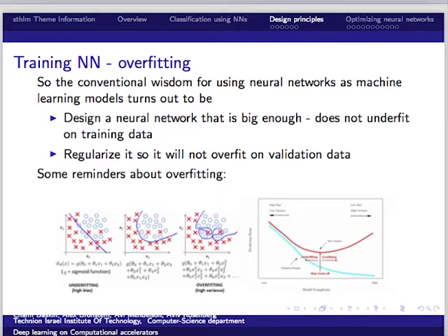So this is the overfitting. With regularization, it will not overfit on validation data.